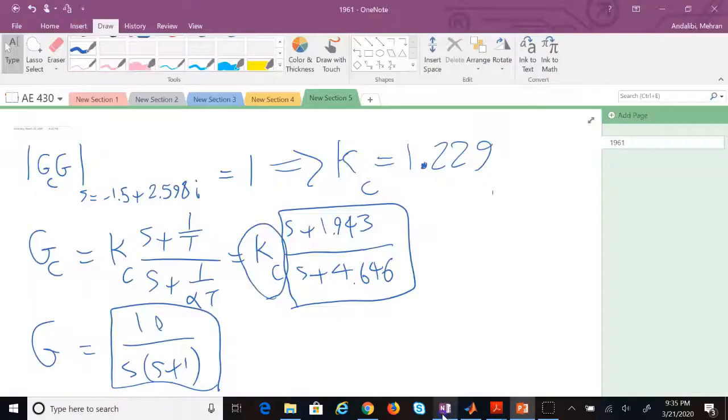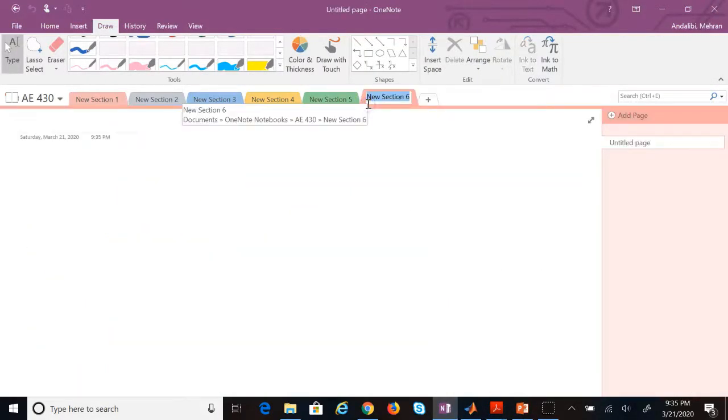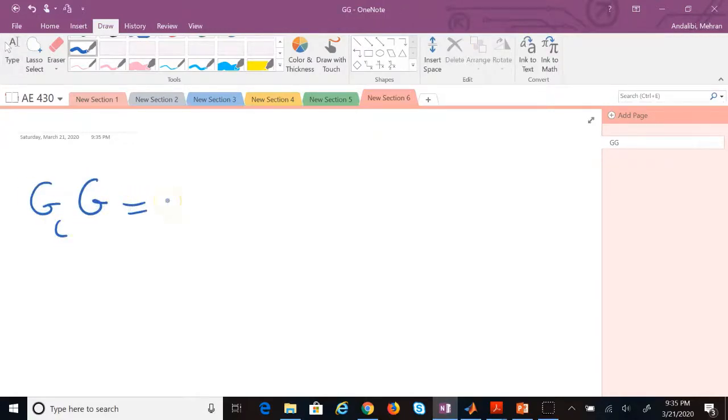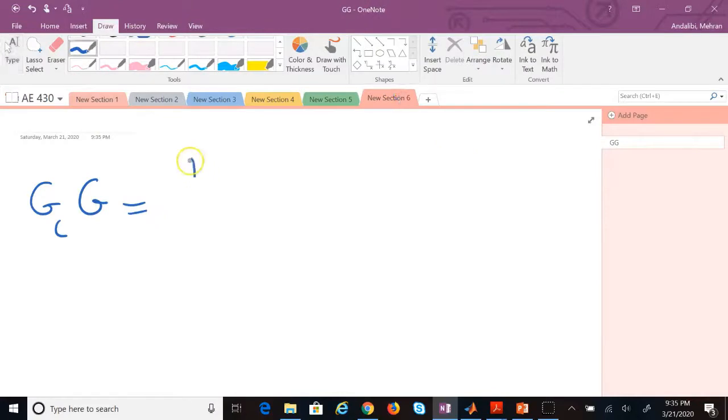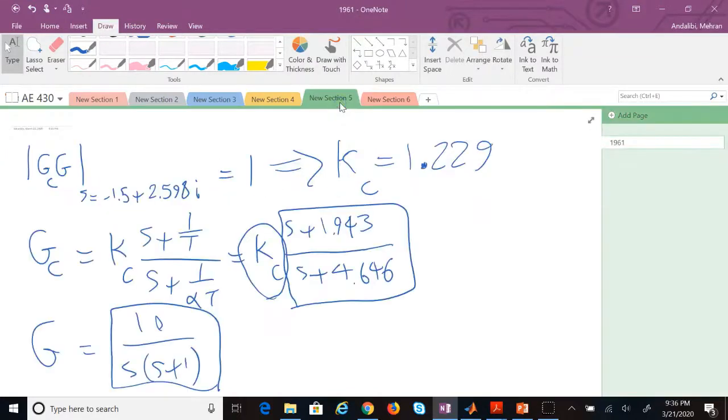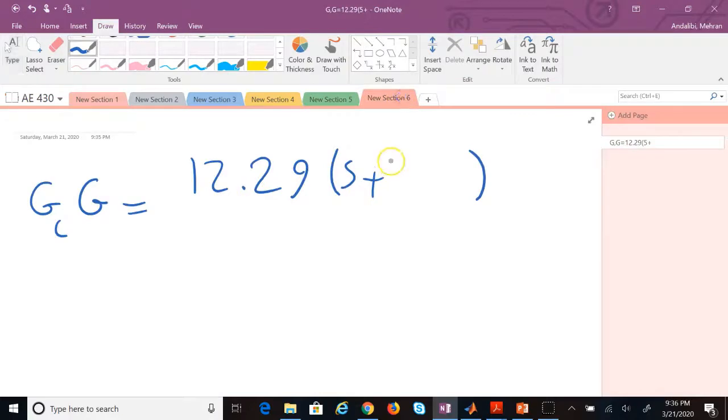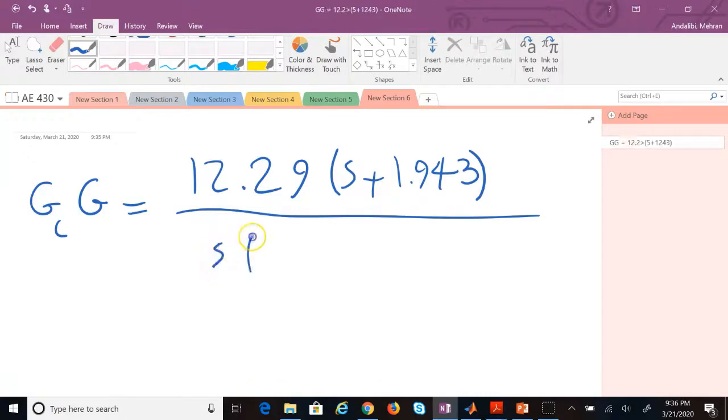So my new open loop transfer function is GC times G, which, if I put all of those numbers together, is 10 times 1.229 times S plus 1.943, divided by S times S plus 1 times S plus 4.646.